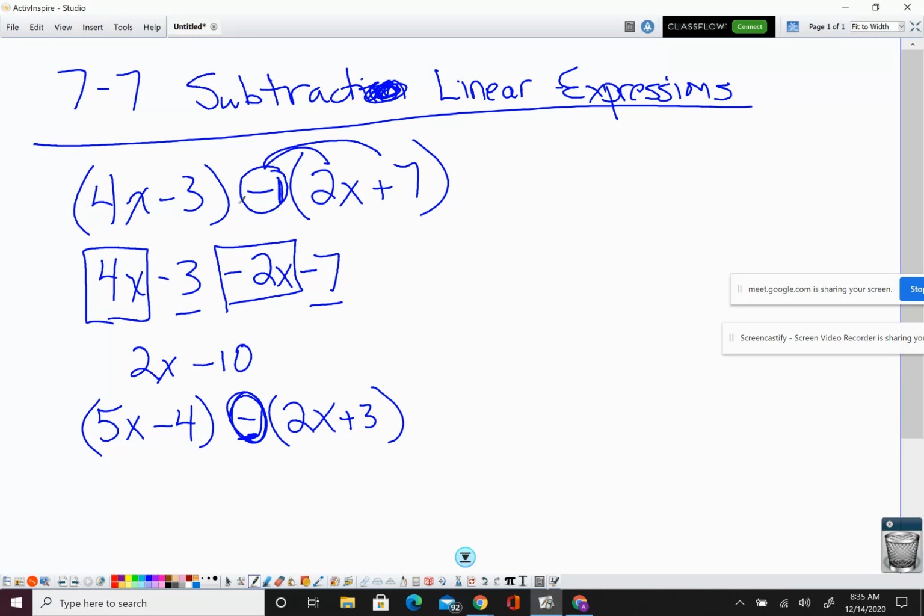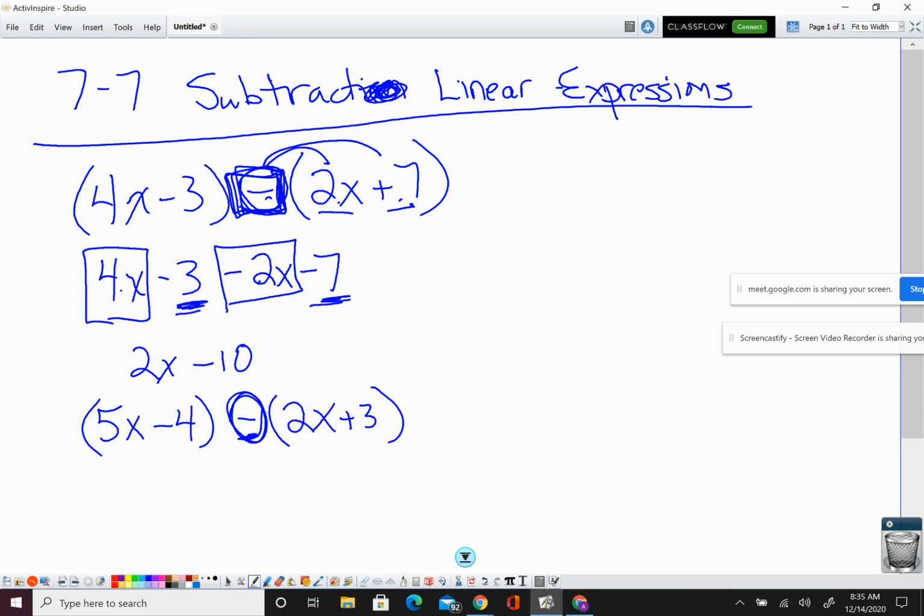Because we're subtracting this off. So the subtraction says we have to take the opposite of those numbers in there. We're going to read this as 4x minus 2x. So 4x minus 2x, and -3 minus 7.